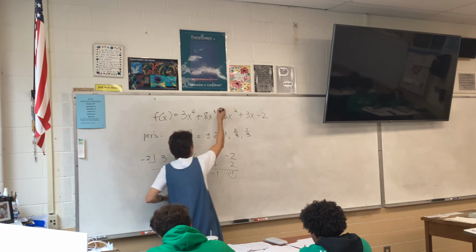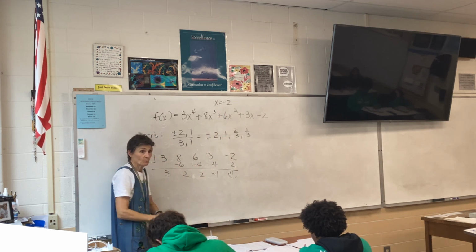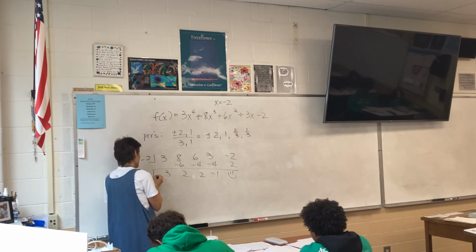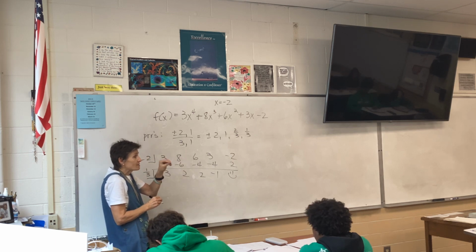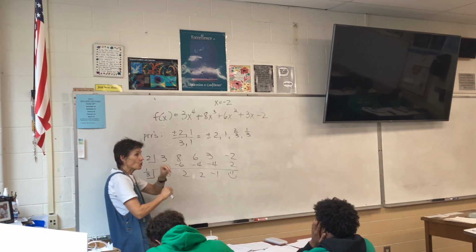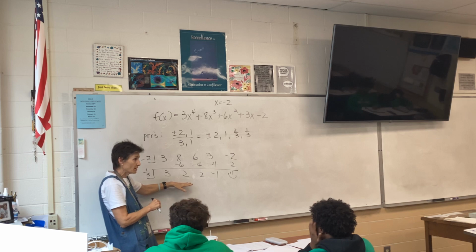So I'm finding all the roots, I'm gonna keep track of these. One of them is -2. Would you agree with that? Also, 1/3 also works. She says 1/3 works. Now, if you've already divided one out, don't go back to the original and put in 1/3. Use your depressed polynomial.